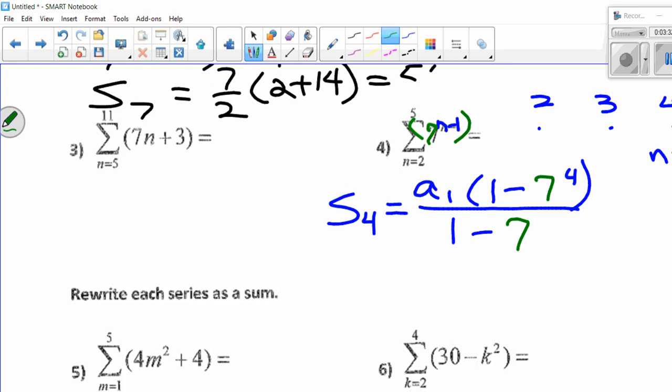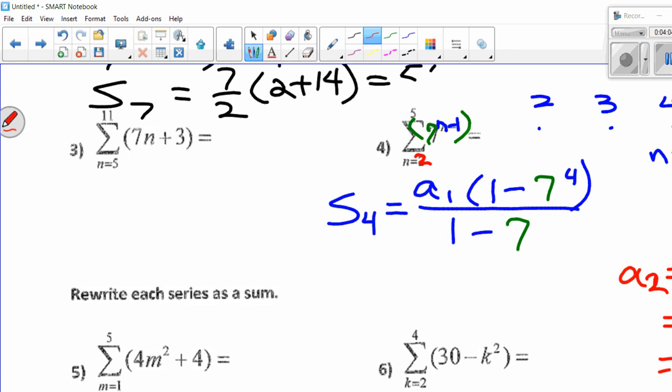And then I know my first term I can get by substituting when n equals 2. Actually the first term is a sub 2, right? Because it says here it starts at 2. So a sub 2 would be 7 to the 2 minus 1, so that would be 7 to the first power, and that's equal to 7.